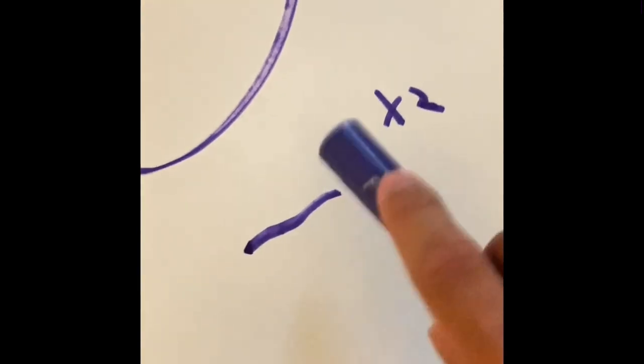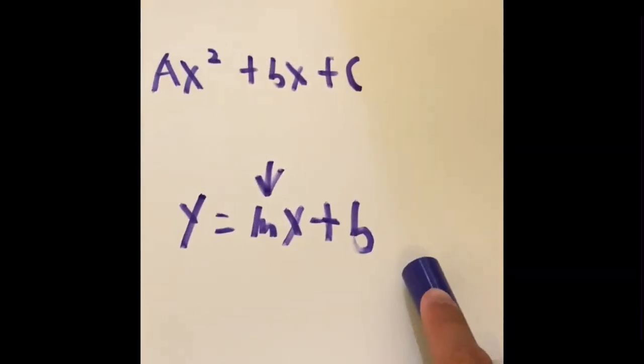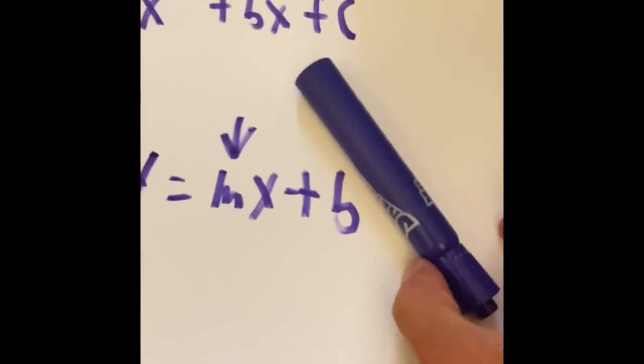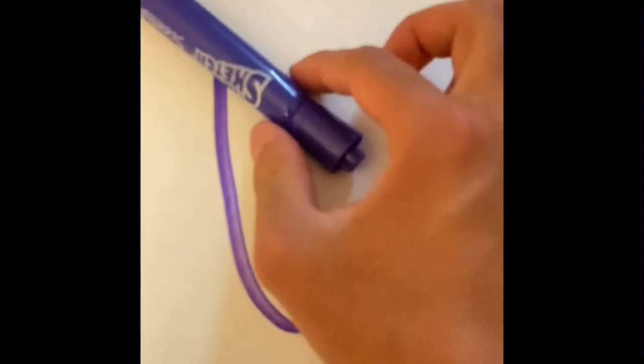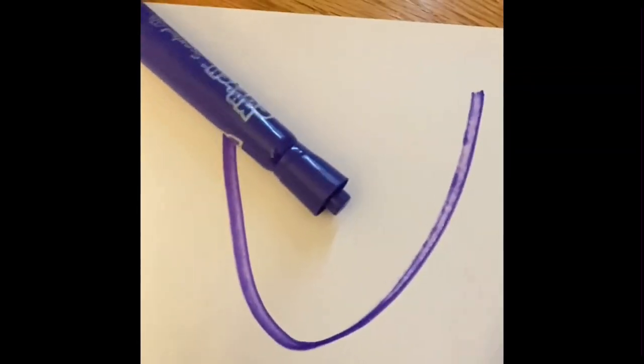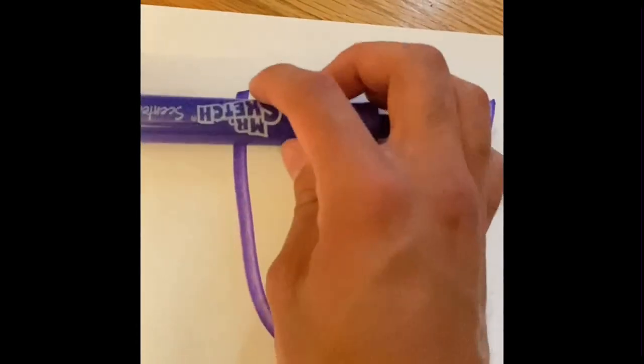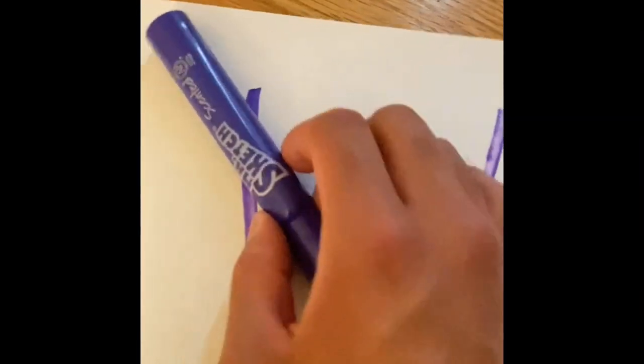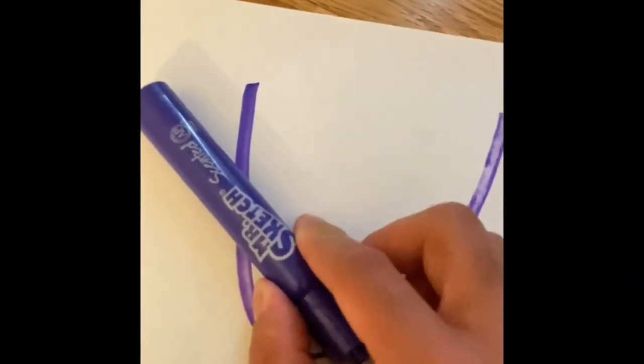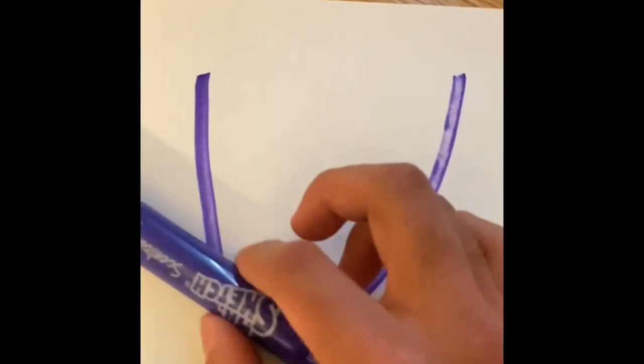Here's an example. A straight line has an equation, y equals mx plus b. Let's use this marker as a straight line. So let's put it right here. As you move around the parabola, you can have a straight line for every area you put on the parabola.